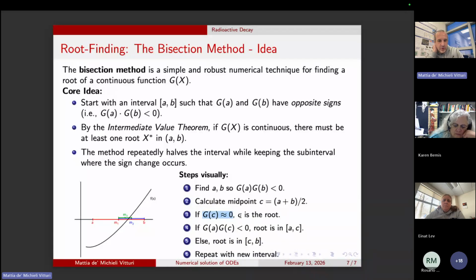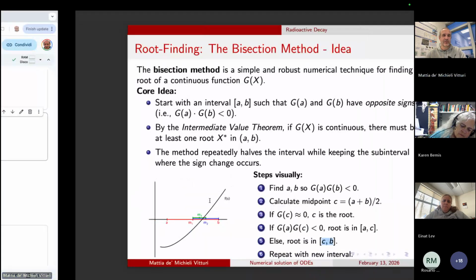If it's not 0, then we check if the product of the function in one of the extremes and in the middle point is negative. If it's negative, it means that AC will be the new interval. Otherwise, it will be CB. And then we repeat with the new interval.